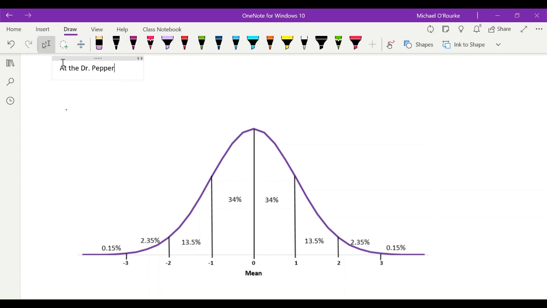At the Dr. Pepper plant, I don't think that's how you spell bottling, but I'll go with it.